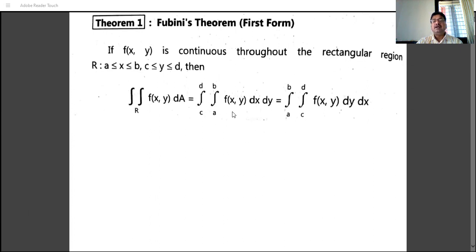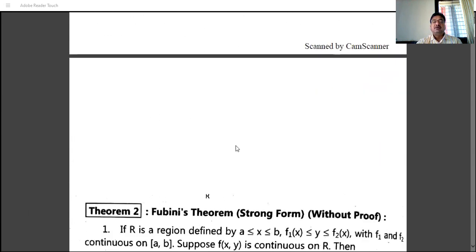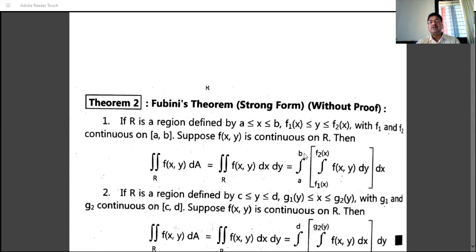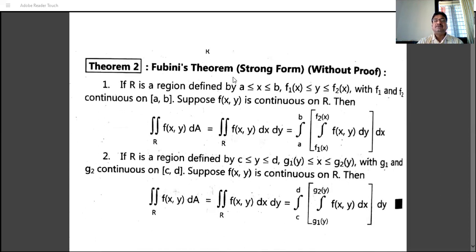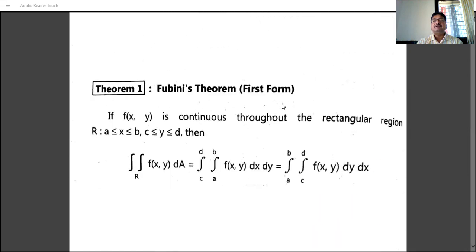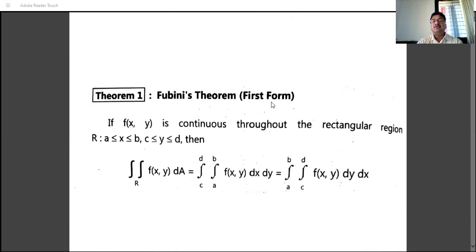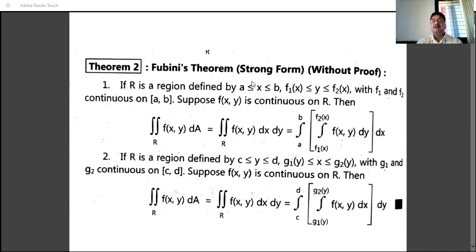If the limits are constants, then we can change the order easily. But if the limits are not constant, then Fubini's theorem is called the strong form. This is the first form or weak form, and this is the second form, called the strong form.